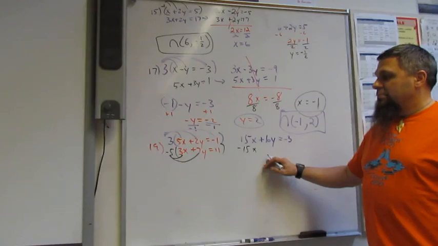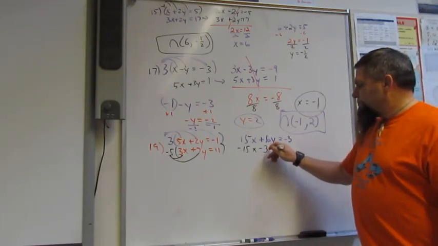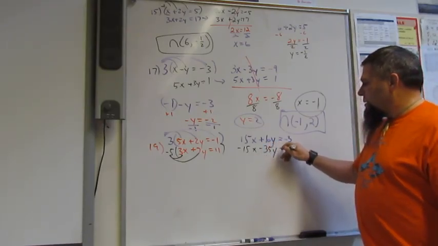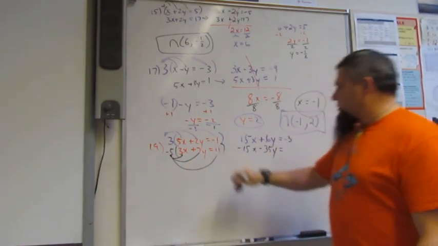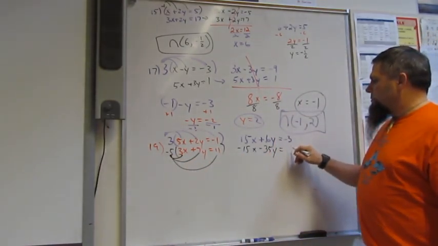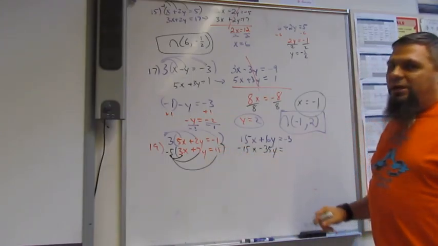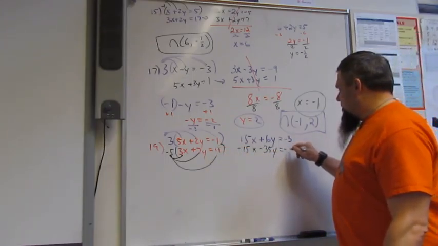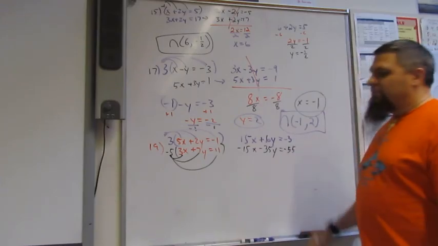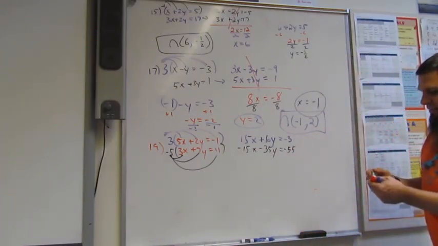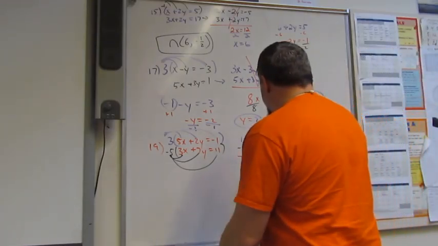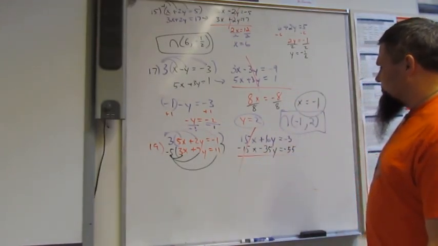Negative 35. Yep. And then keep going. Negative 55, yeah. There's no negative there. It's okay. Negative 55. Okay? Alright, and then we just add these up. These cancel.